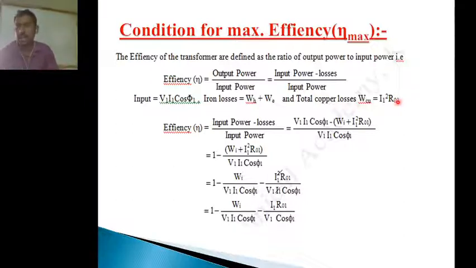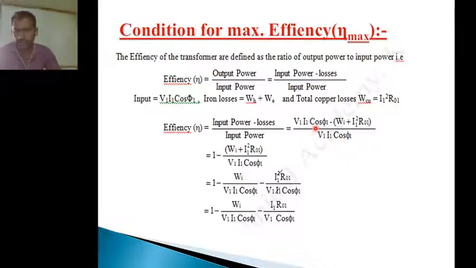That means the equivalent circuit parameter representation, referred to the primary side resistance. So efficiency equals input power minus losses divided by input power. So input power is V1 I1 cos phi 1 minus iron losses, Wi, and the copper losses are I1 square R01, divided by V1 I1 cos phi 1.